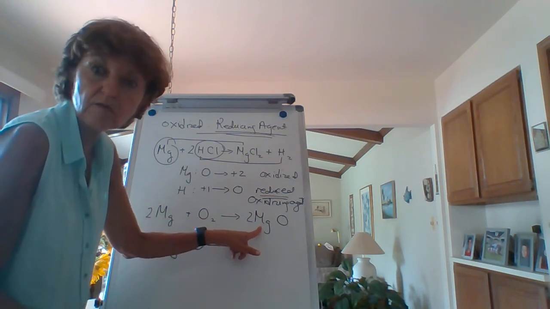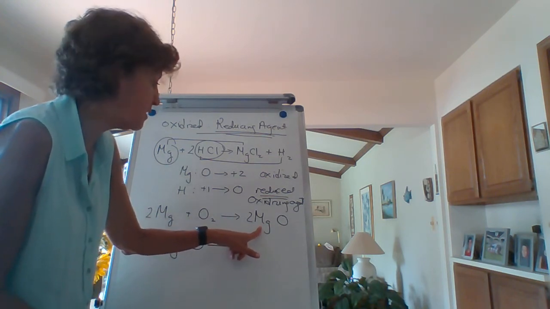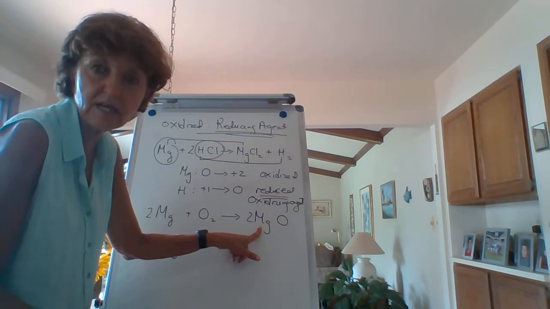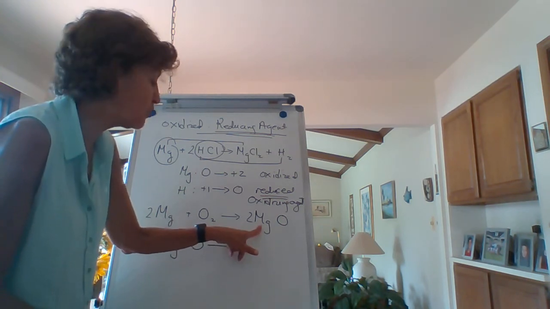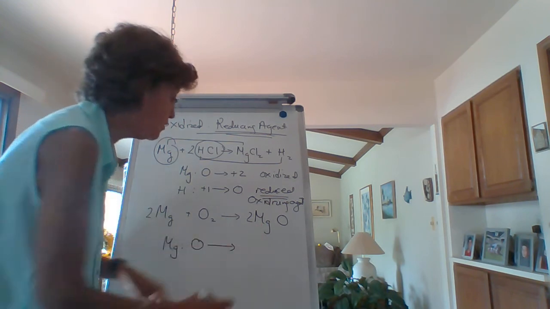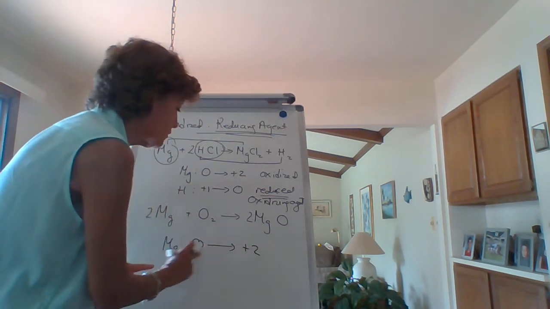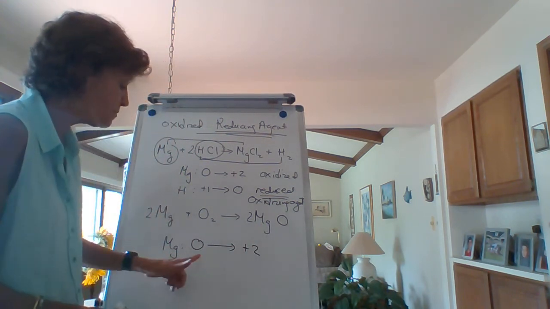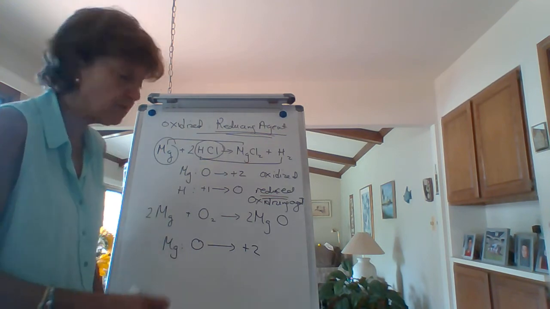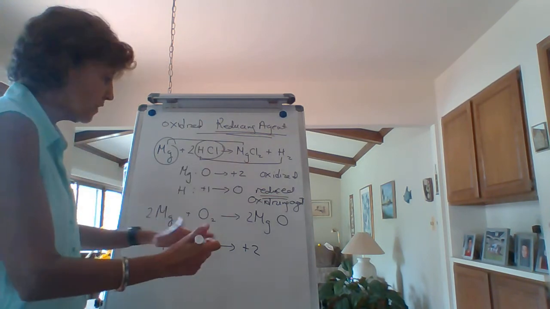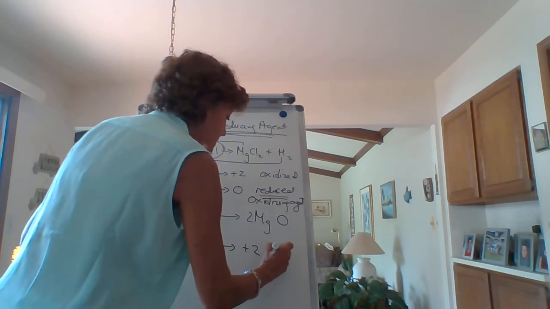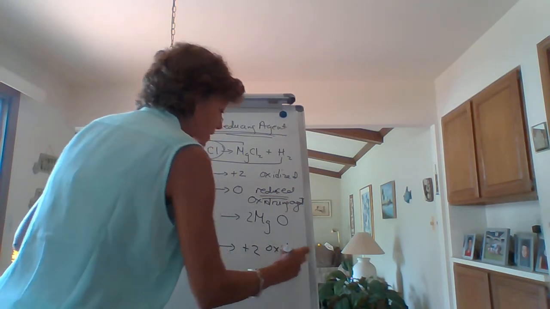The magnesium is a group 2A metal, so its oxidation number will be exactly the same as its charge, and the charge of the magnesium ion is +2. So we go from 0 to +2. Magnesium's oxidation number went up, so here also the magnesium got oxidized.